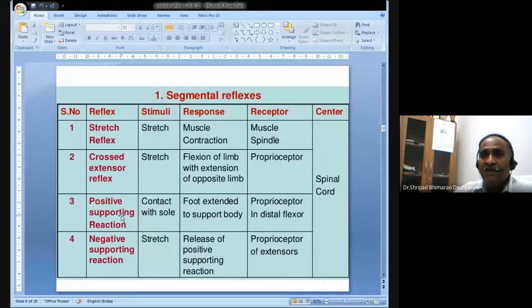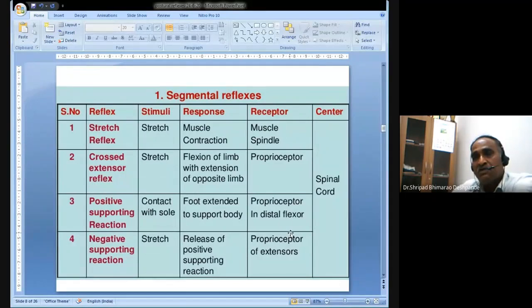Then we have another important thing: the positive support reaction and the negative support reaction. Positive support reaction means contact with the sole. If an animal, or even an infant, touches the top of a table, the foot will extend and provide a pillar-like structure.